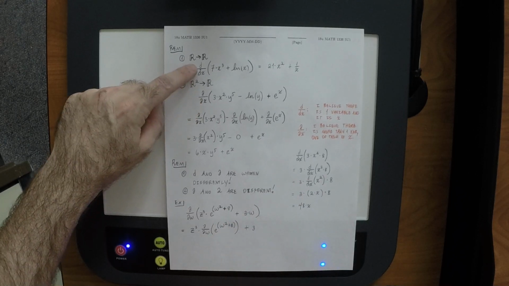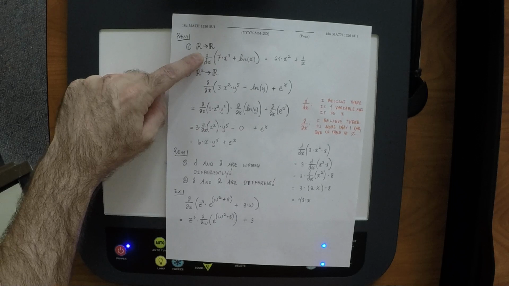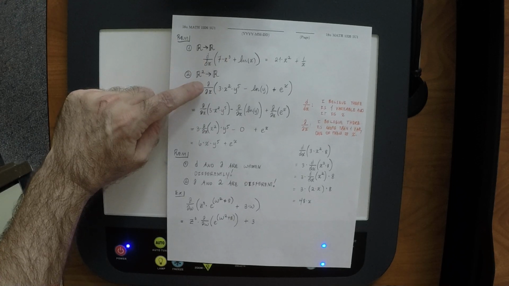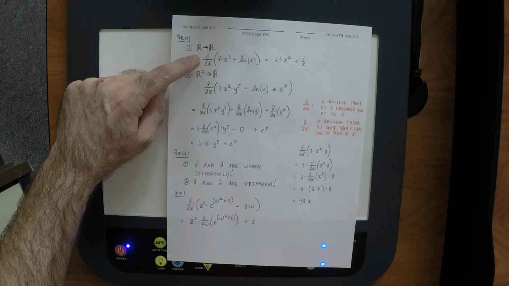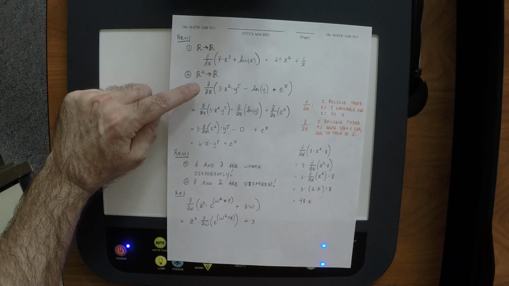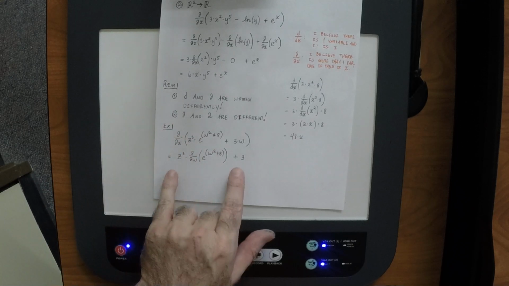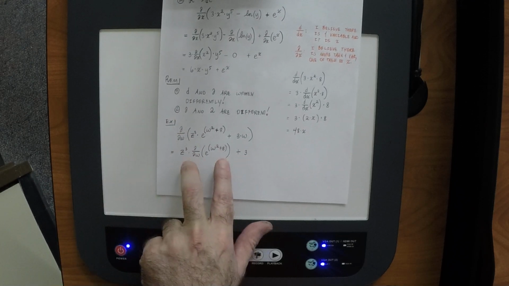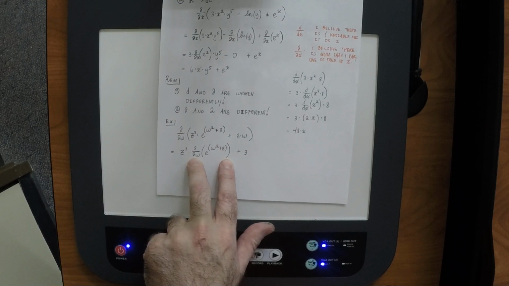And this one, d dx, has to obey the chain rule. So does that one. This one has to obey the product rule. So does that one. So the point of putting this one right here is what's going to be required to do this? The chain rule.